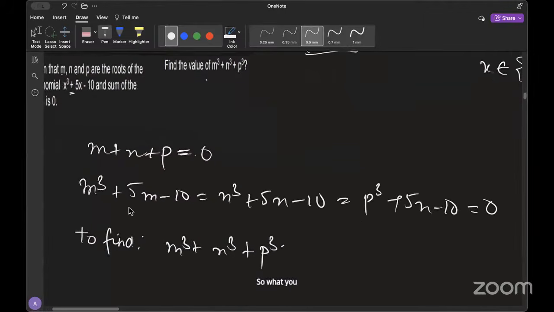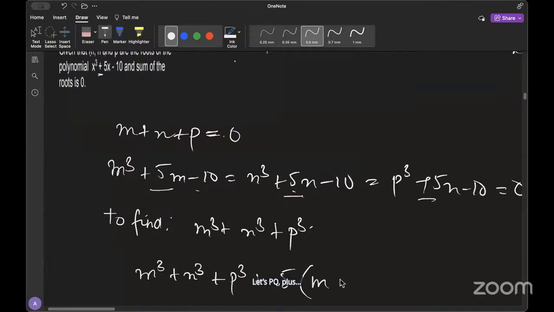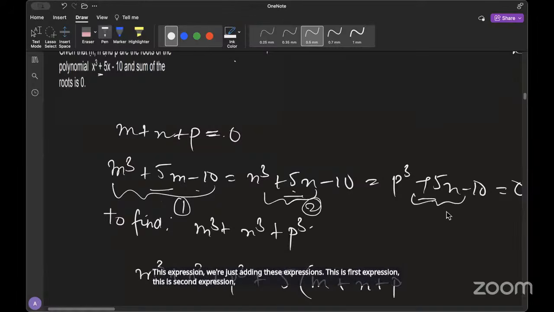So what you can do is just add these three. If you add these three quantities, you will get m cube plus n cube plus p cube plus 5 times m plus n plus p, right? We're not doing anything else, we're just adding these expressions. This is the first expression, this is the second expression, and this is the third expression.